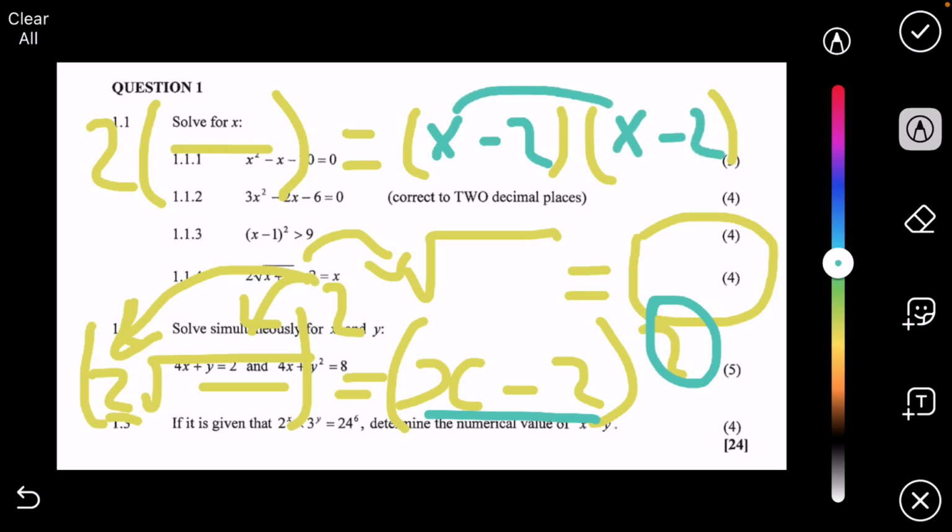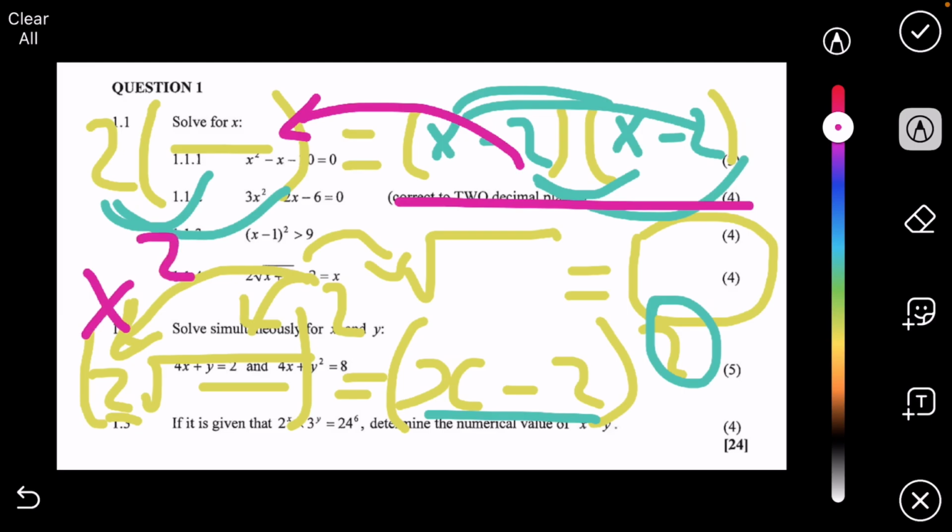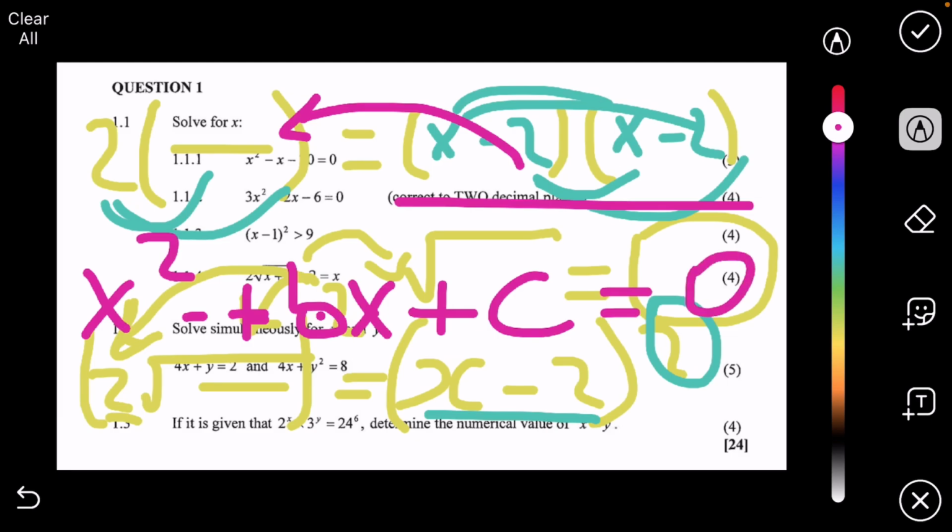You work it out, you also work out this one, so that you move everything on the right to the left and work it out such that you remain with x squared plus bx plus c, then it's equated to 0.